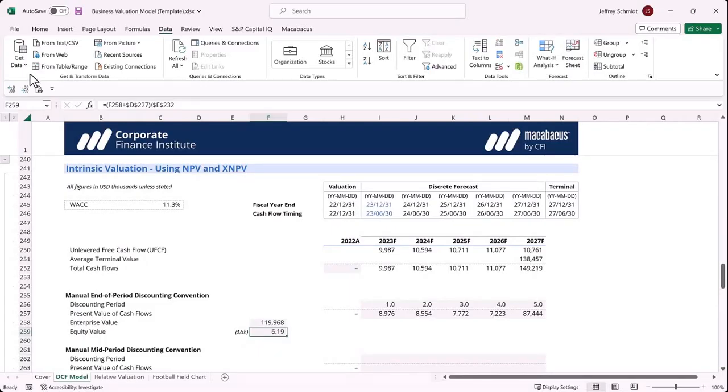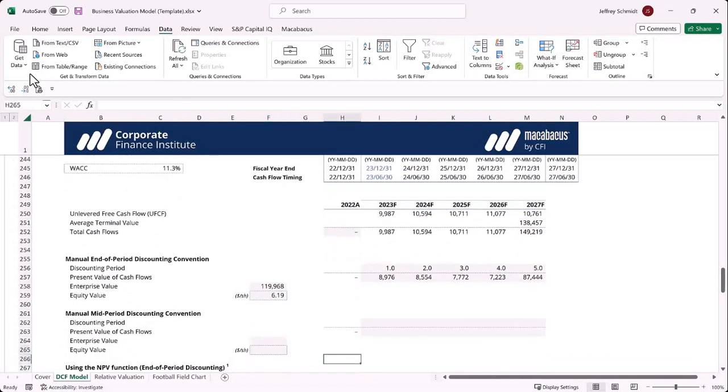Now let's apply mid-period discounting as our convention. Up until now, we've been using the end of period or end of year discounting convention. But you'll notice up here we have cash flow timing. You can see June 30th, we have a normal fiscal year of December 31st, so June 30th is the middle of the year.